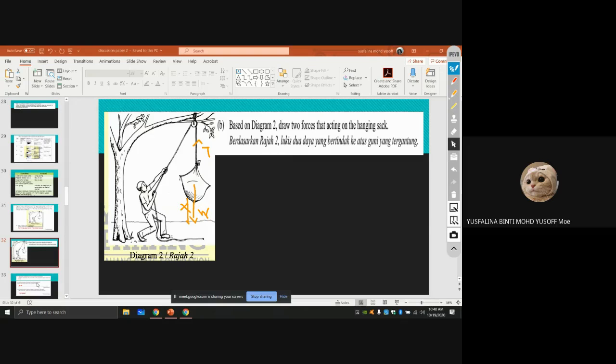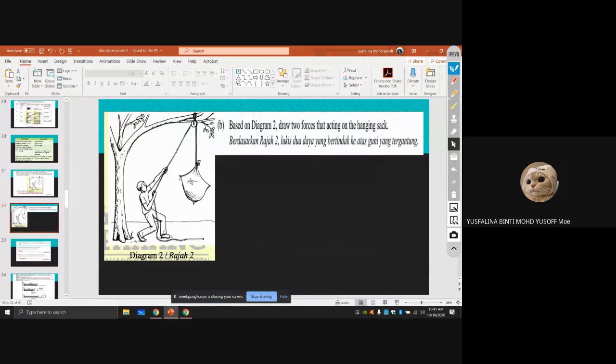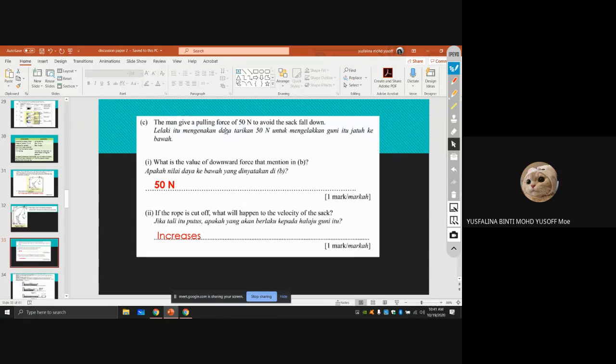Next one. The man gives a pulling force of 50 Newton to avoid the sack falling down. What is the value of the downward force mentioned in B? Since you know that forces in equilibrium means the weight is equal to the tension, so it cannot fall down.